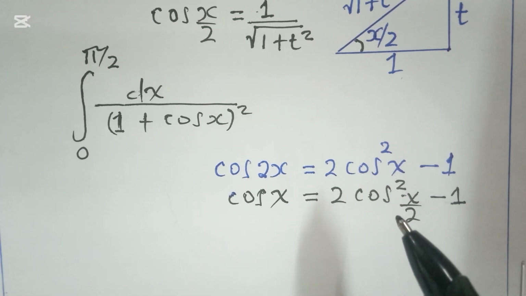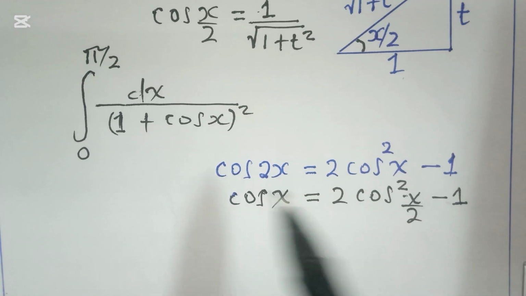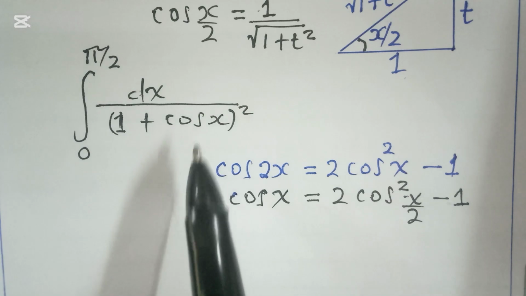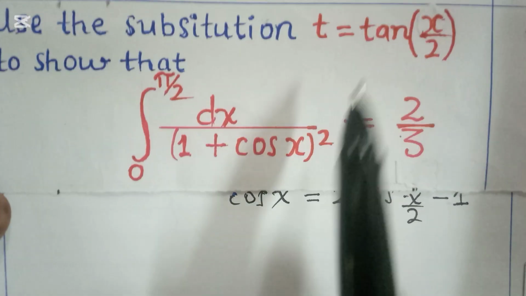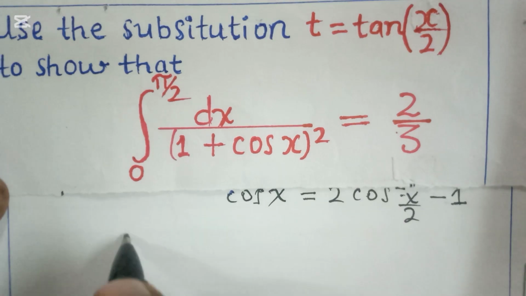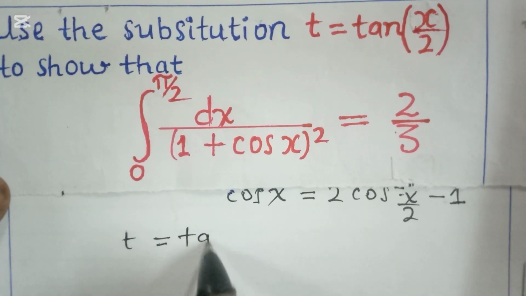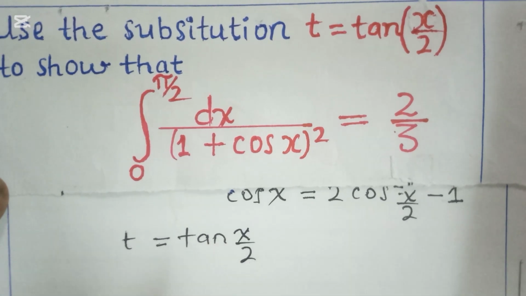So from there I will come and replace in my equation here. But before I do that, I say t is equal to tan x over 2.